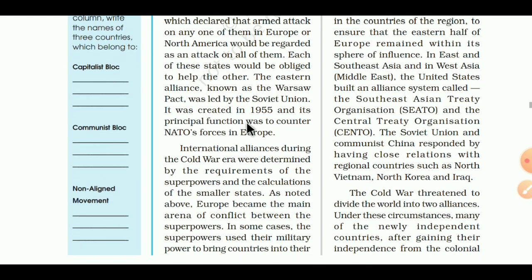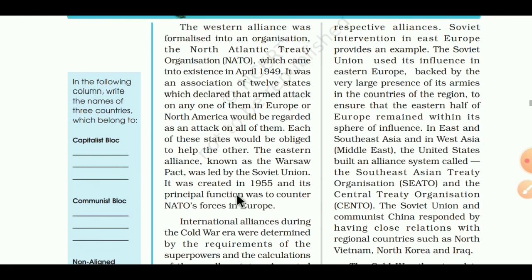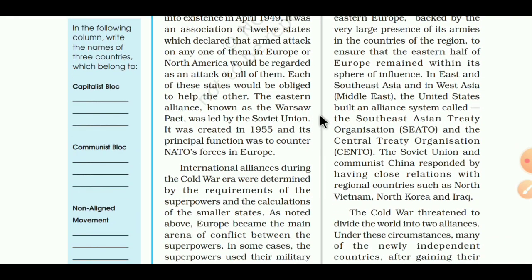And this way the Cold War began. The United States of America also formed other alliances, such as SEATO and CENTO, meaning the Southeast Asia Treaty Organization and the Central Treaty Organization, for the Southeast Asia region and the Central region.